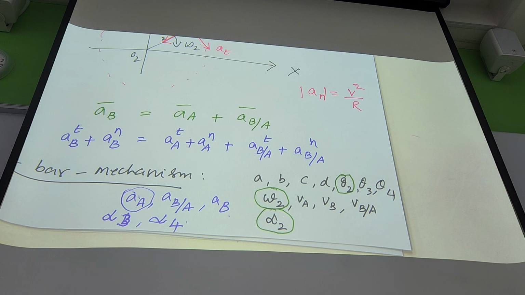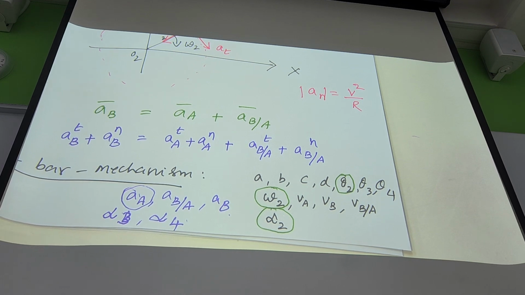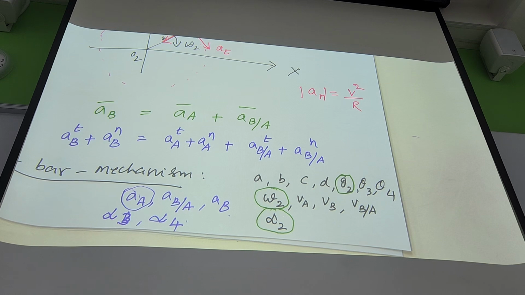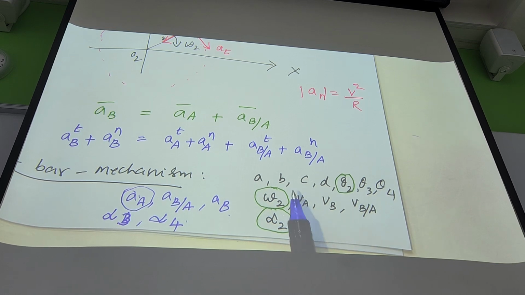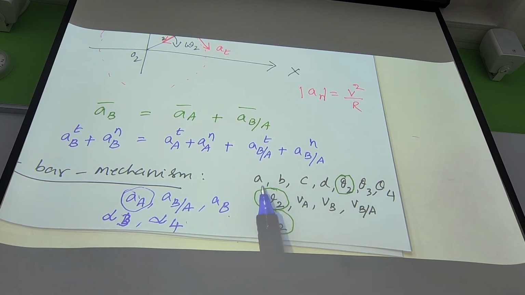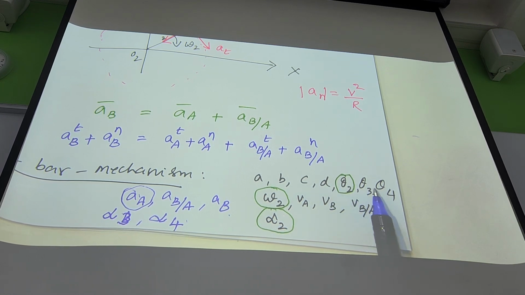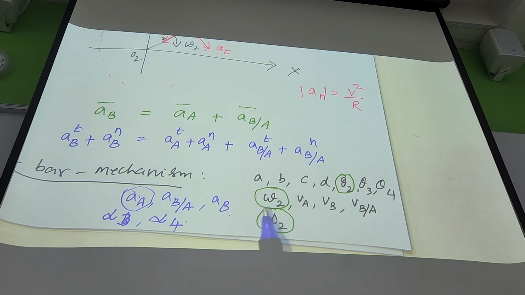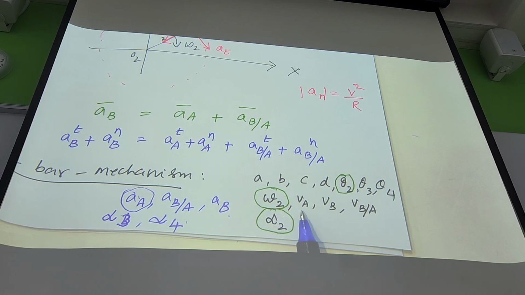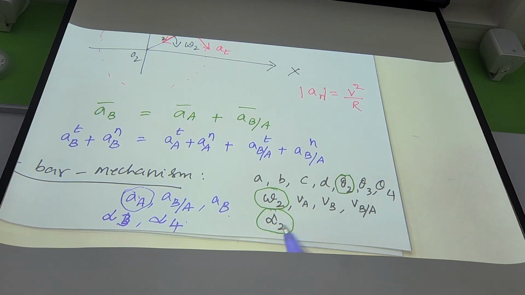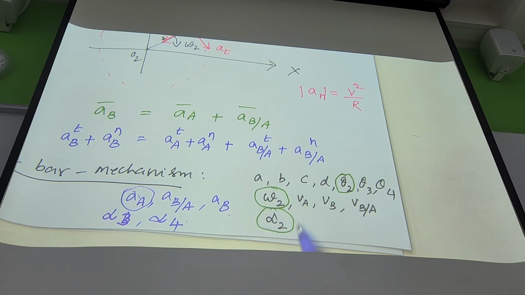Now the problem is clear. For a 4-bar linkage mechanism, when we start acceleration analysis, we know all this data. We know the lengths of the 4 links, the orientations theta 2, theta 3, theta 4, and the angular velocity omega 2. Because we have done velocity analysis, we know velocity A, velocity B, B to A, and the angular acceleration alpha 2 is given.